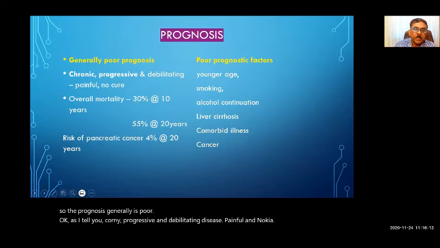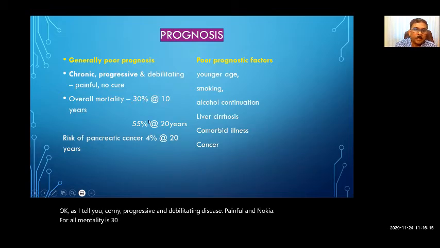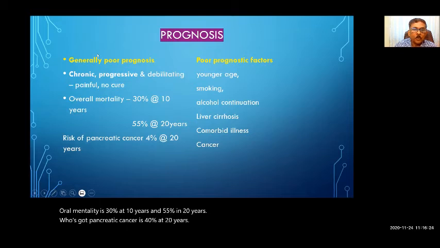Overall mortality is 30% at 10 years and 55% in 20 years. Risk of pancreatic cancer is 40% at 20 years. Okay, these are all suggestive of very poor prognosis.